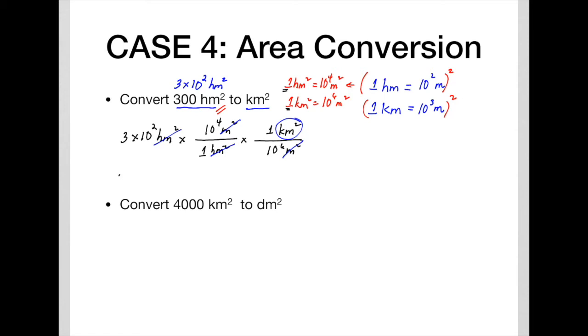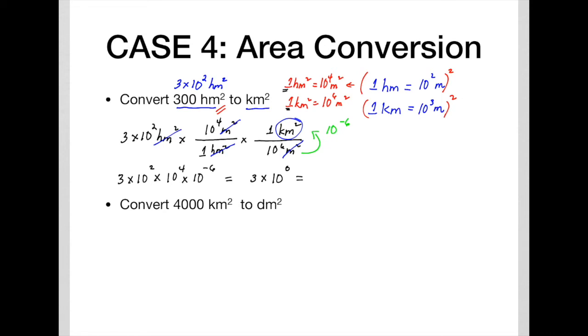So we have here 3 times 10 raised to 2 times 10 raised to 4 times 10 raised to negative 6. So we have to remember that when this is transferred above, that will become 10 raised to negative 6. Let's do it now. We have 3 times 10. We have 2 plus 4, that is 6, plus negative 6, that is 0.